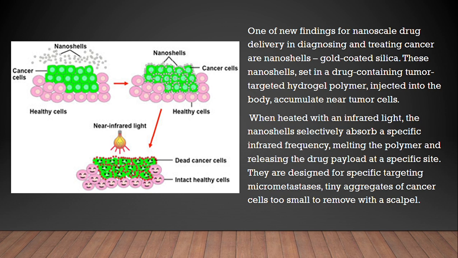When heated with infrared light, the nanoshells selectively absorb a specific infrared frequency, melting the polymer and releasing the drug payload at a specific site. They are designed for specific targeting of micrometastasis, tiny aggregates of cancer cells too small to remove with a scalpel.